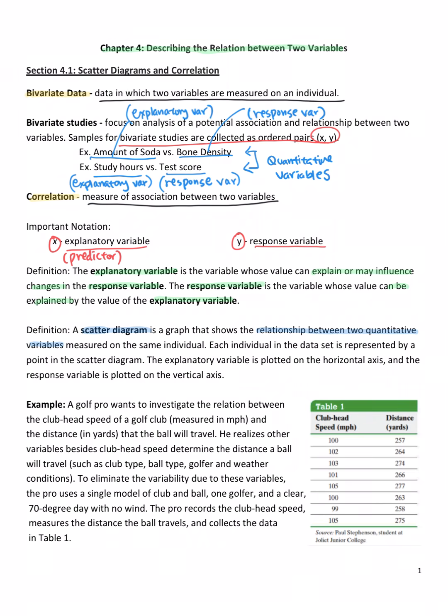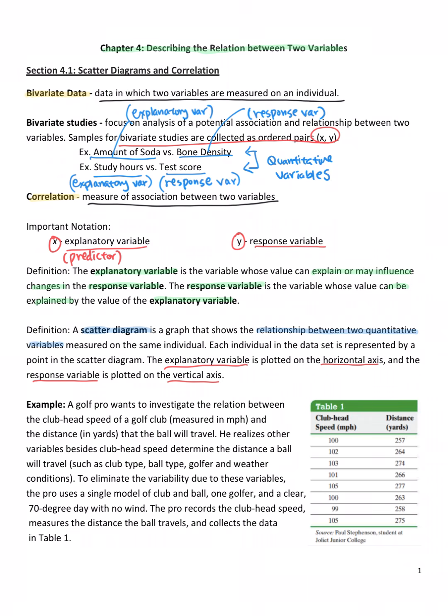Each individual in the dataset is represented by a point in the scatter diagram. The explanatory variable is plotted on the horizontal axis, and the response variable is plotted on the vertical axis. Okay, so let's take a look at an example.